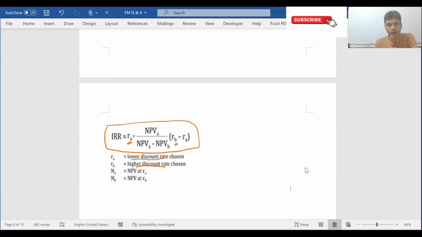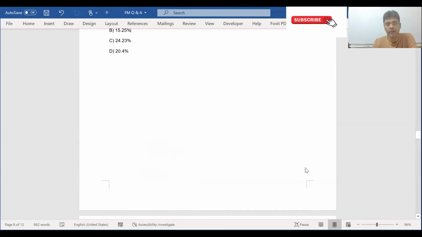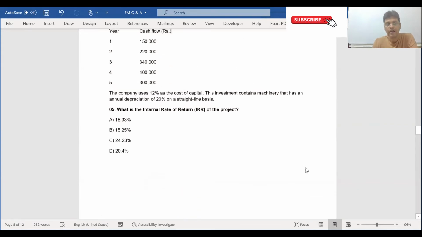Then NPV at A means the net present value at RA, which is the lower discount rate. NPV at B will be the net present value at RB, the lower net present value. Okay, so this is the formula we need to apply to calculate the IRR.